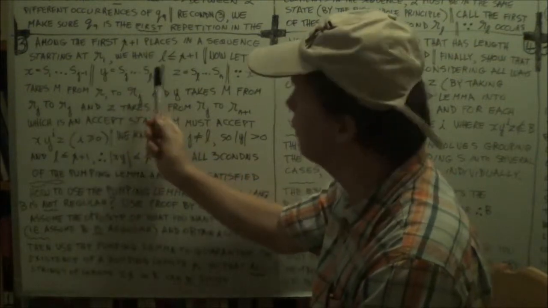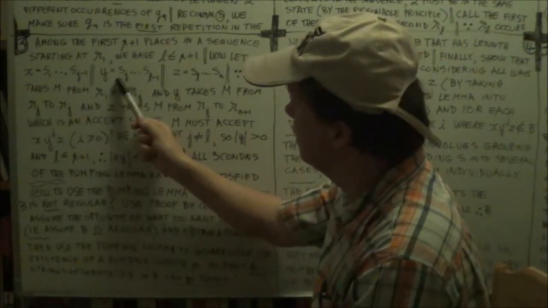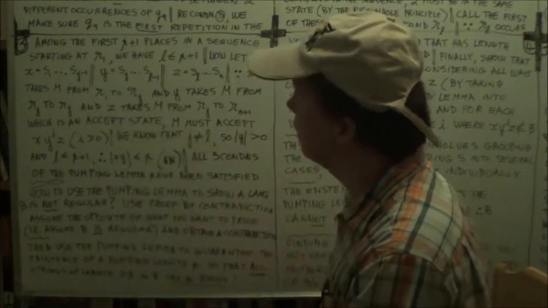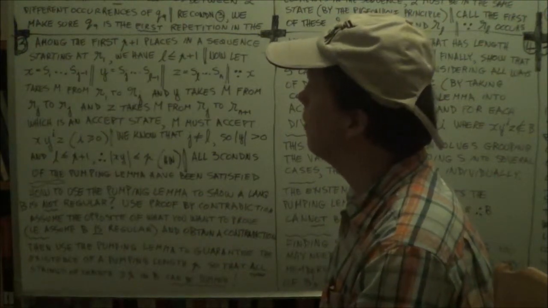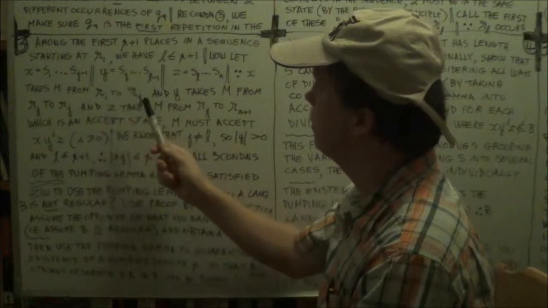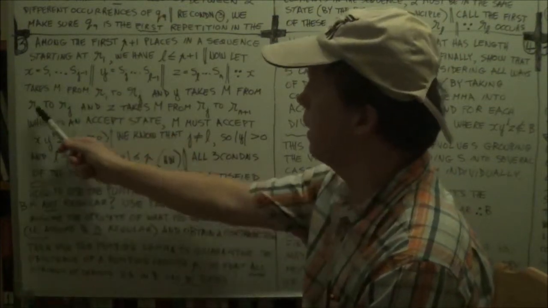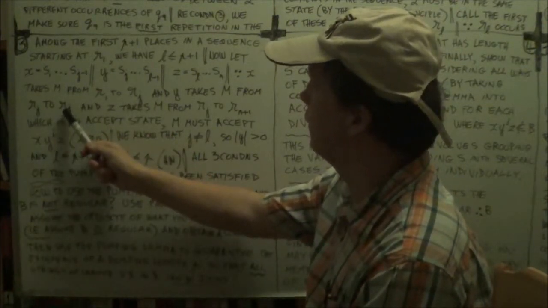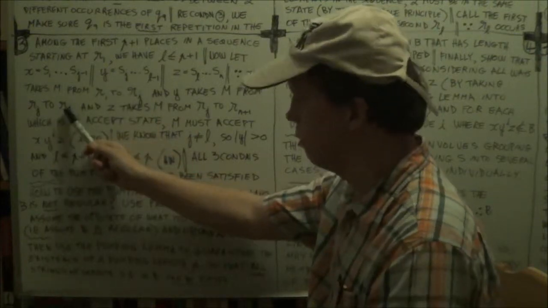Convince yourself of that. Then the sequence of input symbols Y will take you from Rj back to Rj, because you have to repeat.